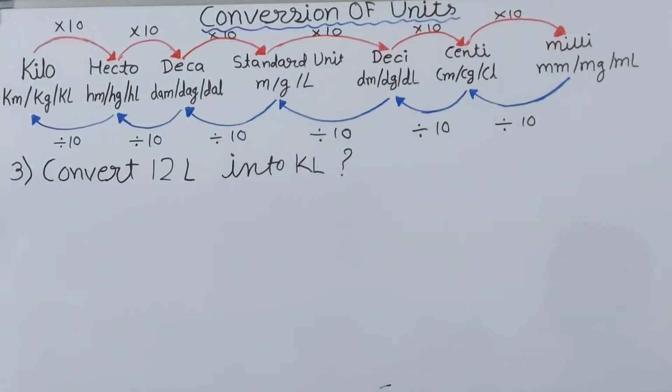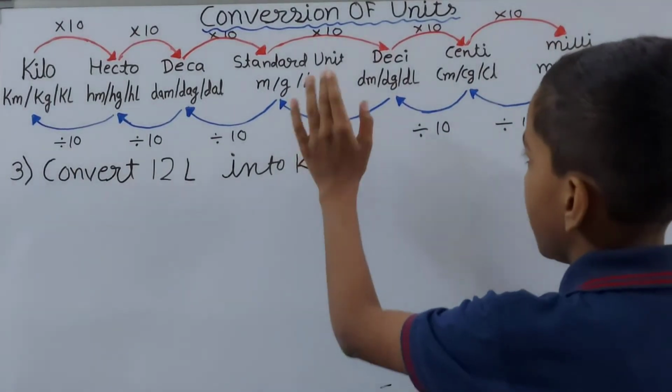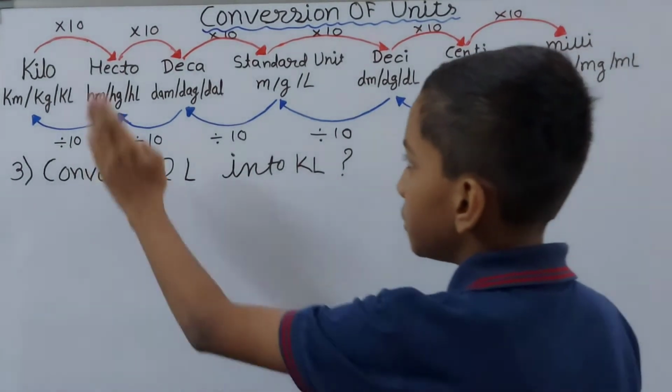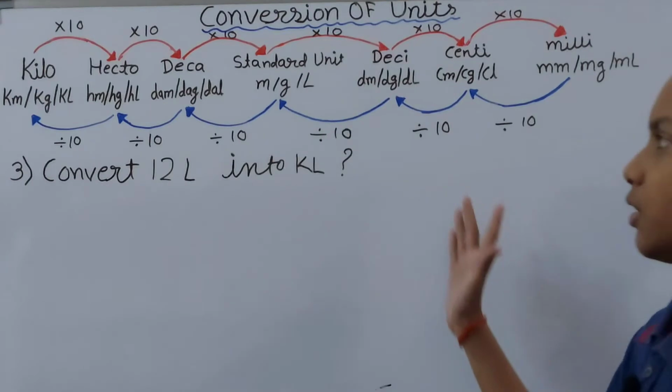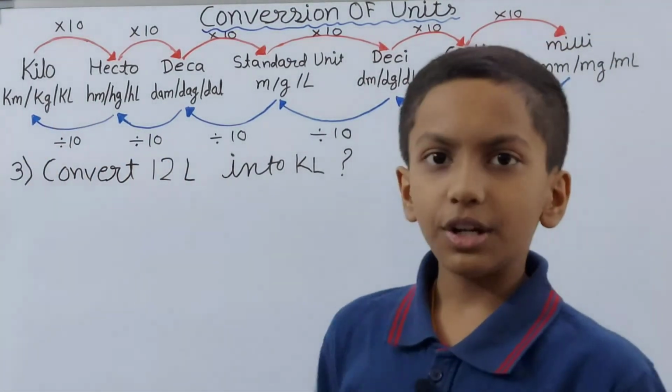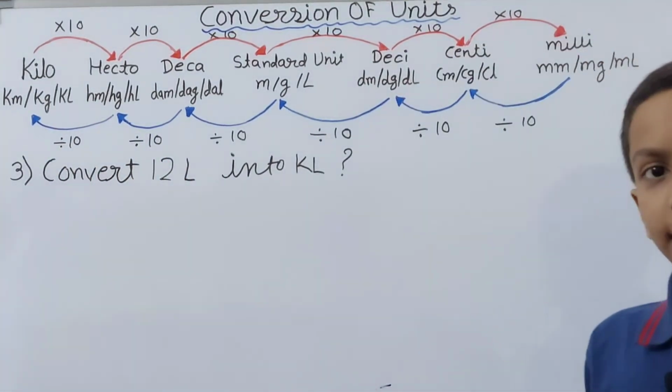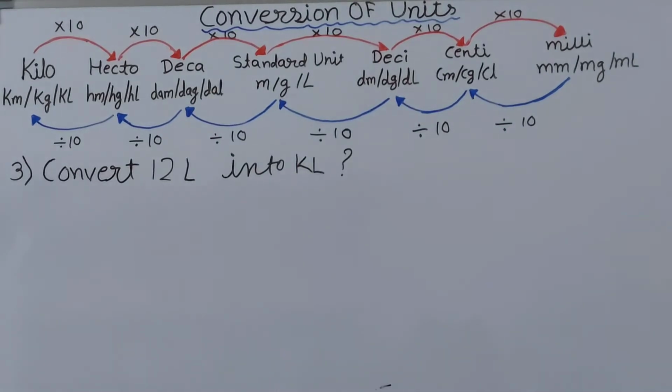So let's see. Liters is here and we are going to kiloliters. That means we are going from a smaller unit to a greater unit. So what do we do then? Yes, we divide. And with what do we divide? Yes, with 10 we divide.